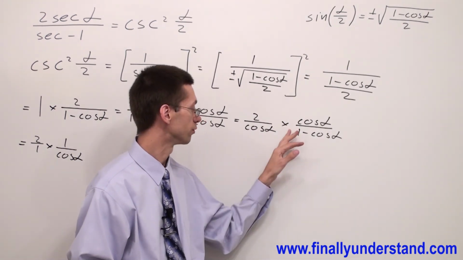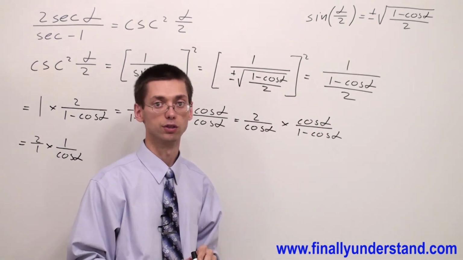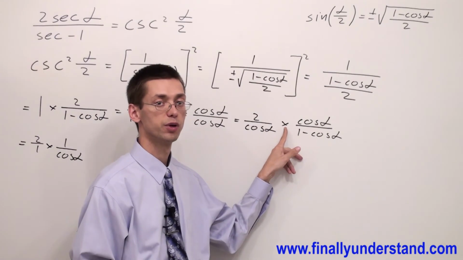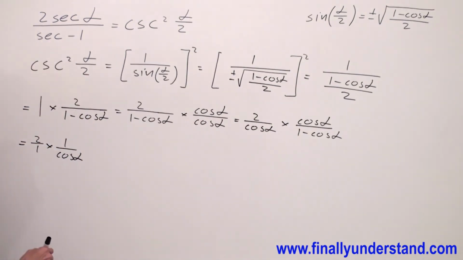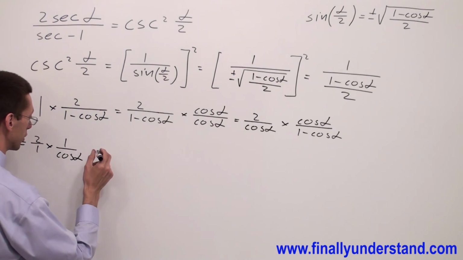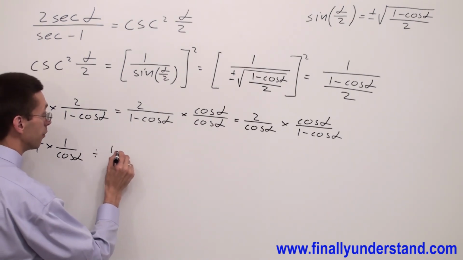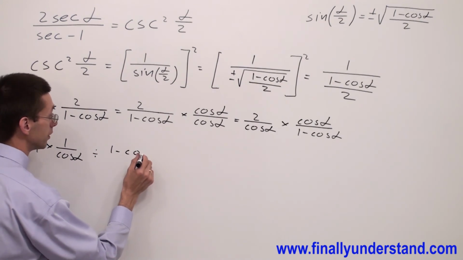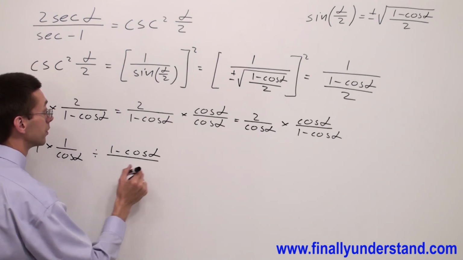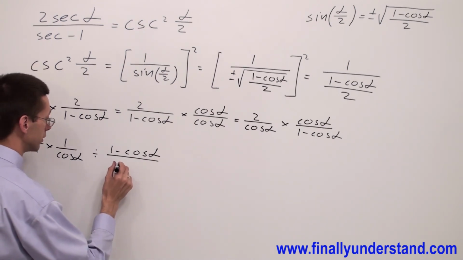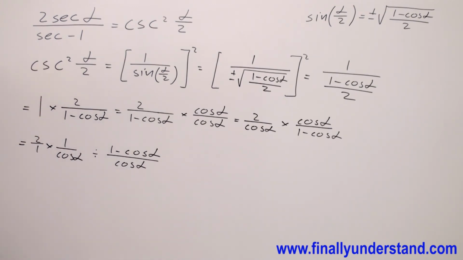So what we're supposed to do over here, we're supposed to bring this fraction to the denominator. How you can do that? Simply change multiplication to division and find the reciprocal of that fraction. So I divide by 1 minus cosine alpha over cosine alpha. So let's take a look what we have.